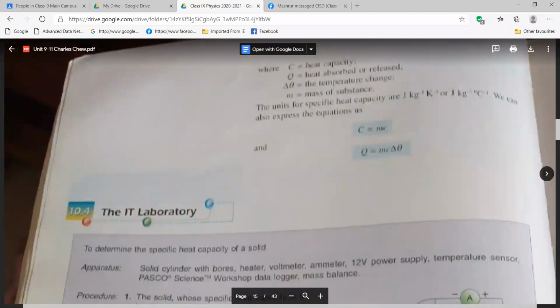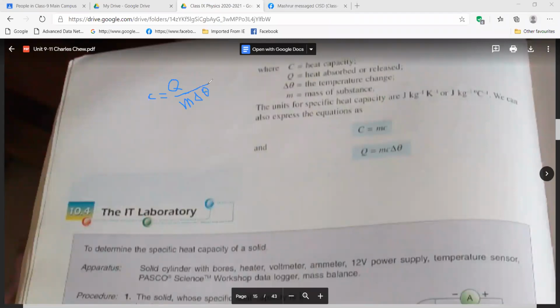Here you have small c equals, what is the formula? Can you say? Q by M del theta. Heat capacity divided by, oh, del theta, sorry. That will be better to say del theta, temperature change.